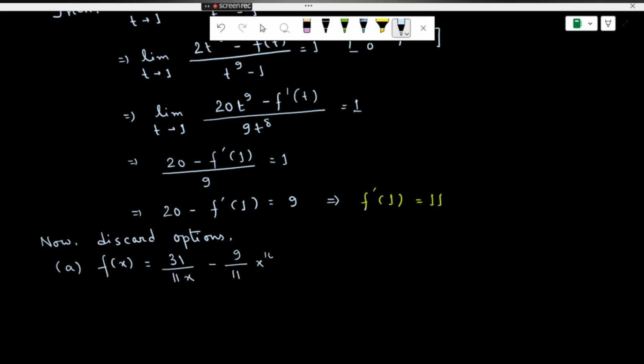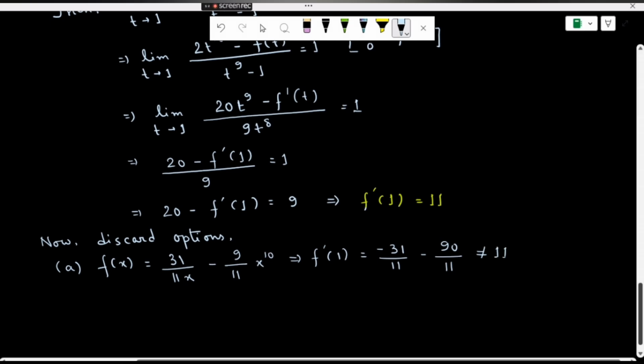If we find the derivative at the point 1, f dash 1 will be minus 31 by 11, because the derivative of 1 by x is minus 1 by x square, and of x to the power 10 is 10x to the power 9.